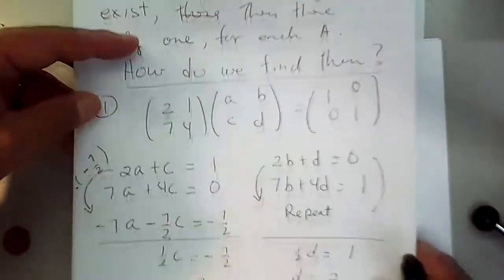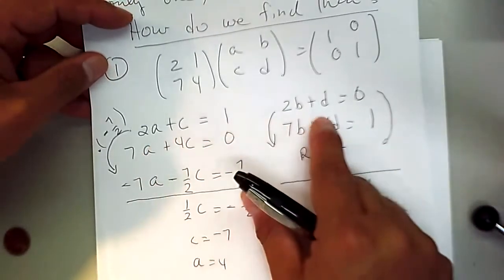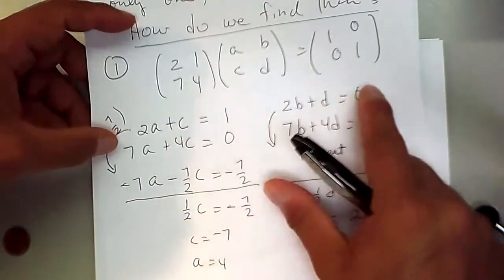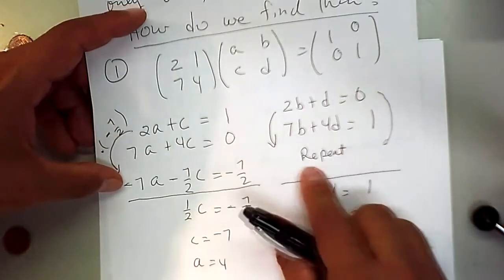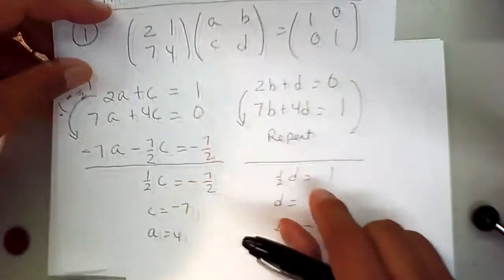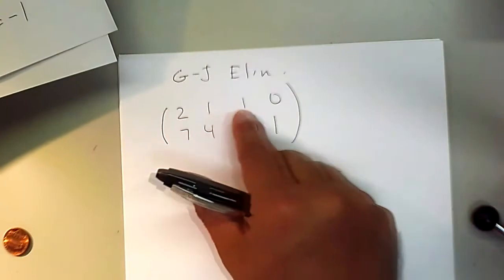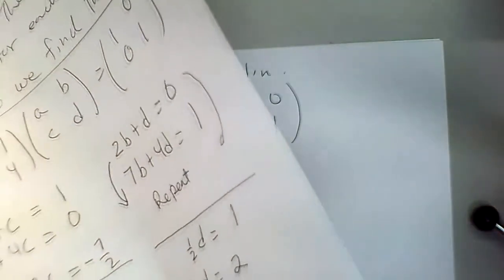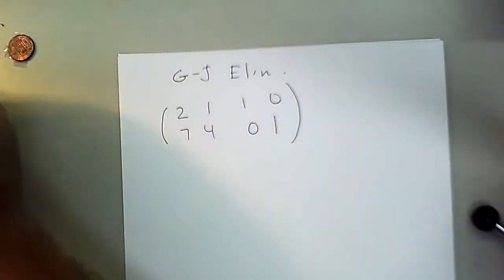See, we did two computations here. We did this and that, but the process was a repetition of the same thing. So instead of doing that twice, we're going to do it once. Let's go ahead and show how we go about it.